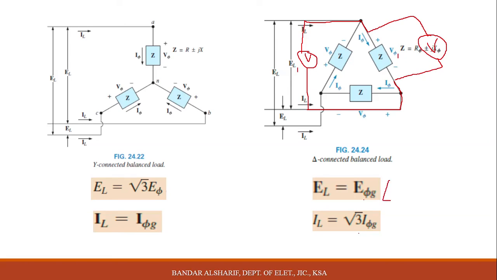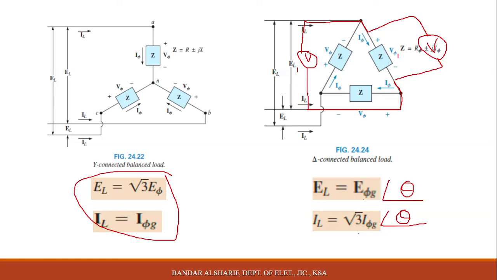Later we'll discuss in detail what the angle is here, and what will be the angle for the current. We talked about Y connection in the last lecture, and how to distinguish between the line voltage and phase voltage.